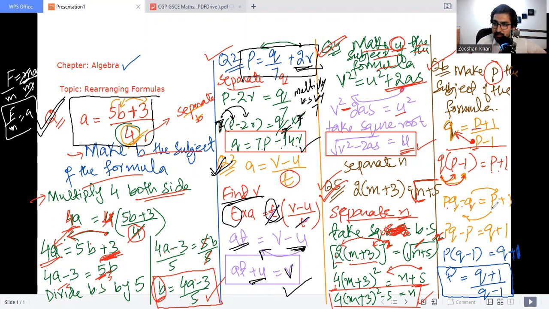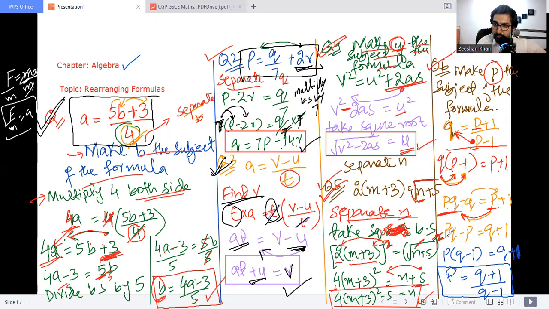Now, if you see, one P is here, another P is here. So first of all, we will combine both of them. We will combine both P's. I will keep this PQ here and I will shift that P to the left side.